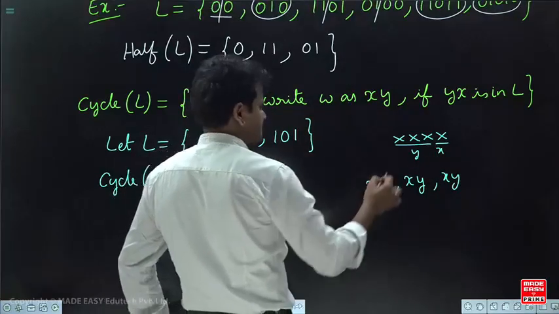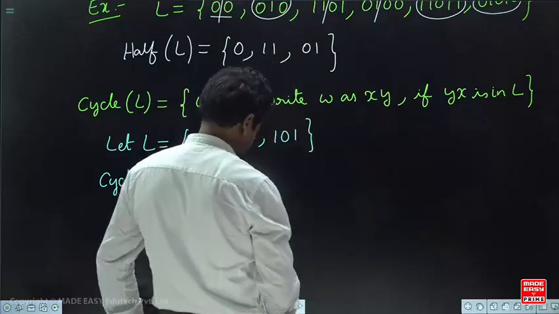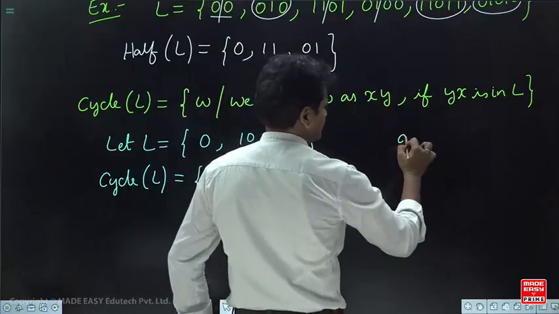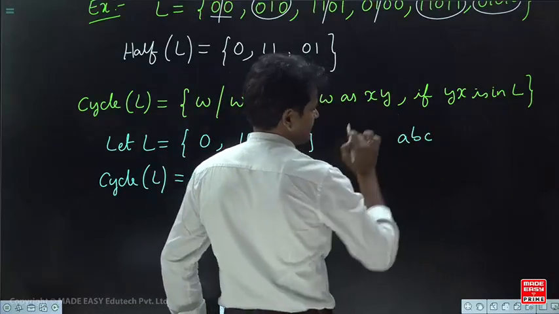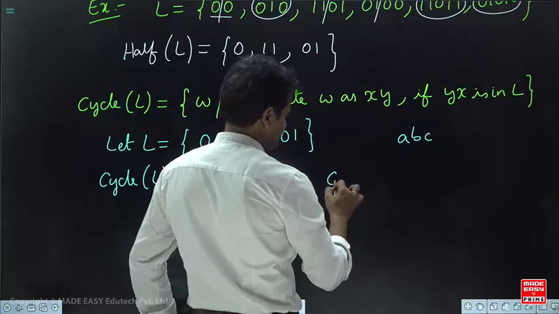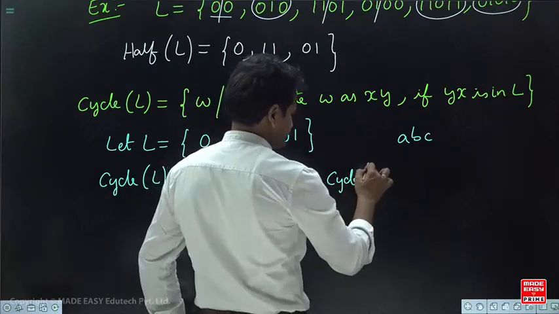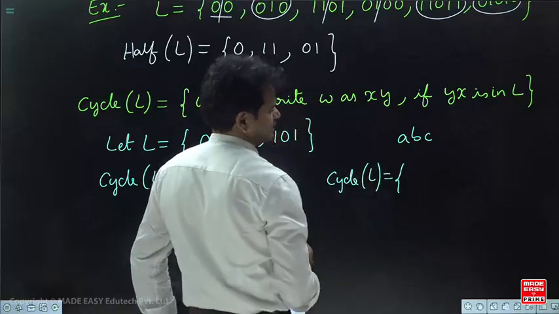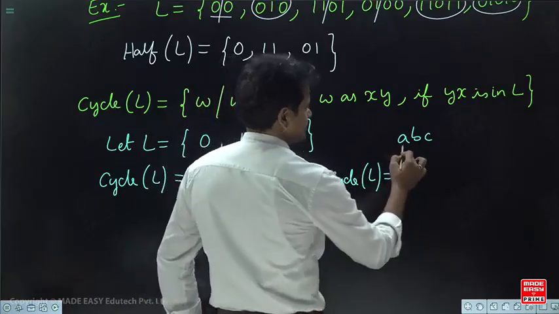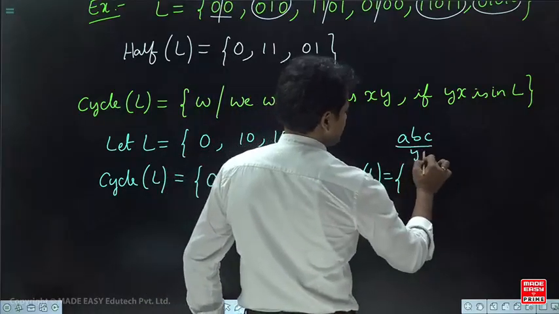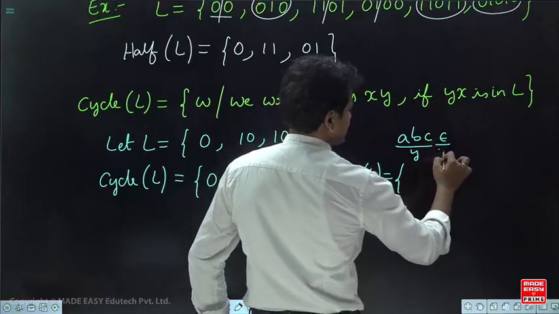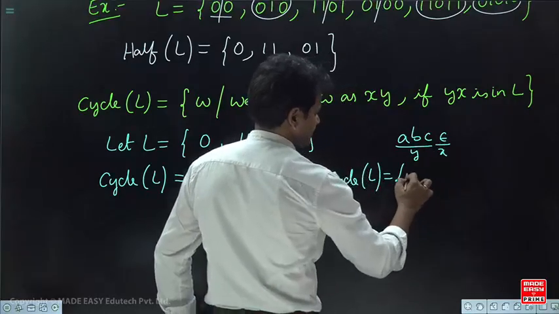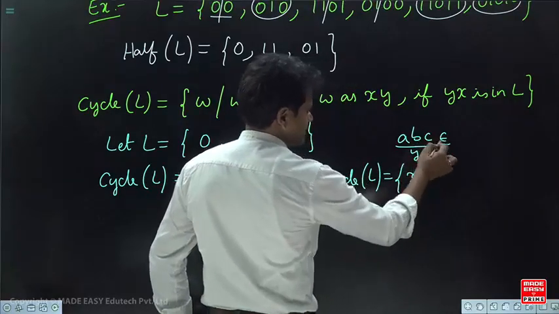So for better understanding, I will explain with one example first. Here, cycle of L is whatever the string you take. Why, sir, why are you taking? Suppose this is y and epsilon is x. What must we write? We must write xy. What is xy?